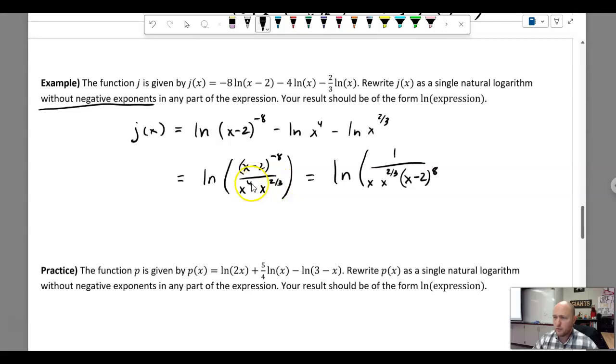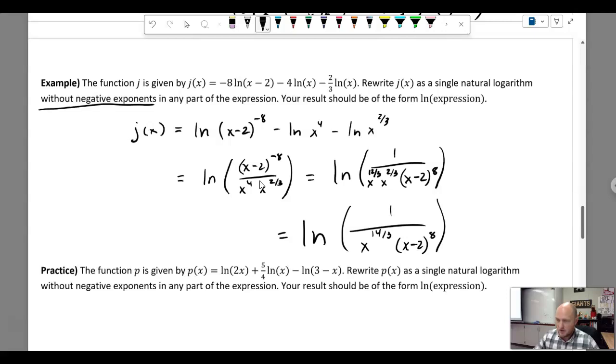So I'm going to multiply 4 times 3, which will give me 12. So this is 12/3. And now I can go ahead and add those. So really, nothing too difficult. I have x to the power of 14/3 times x minus 2 to the power of 8. Looks pretty wacky and weird, but pretty straightforward.